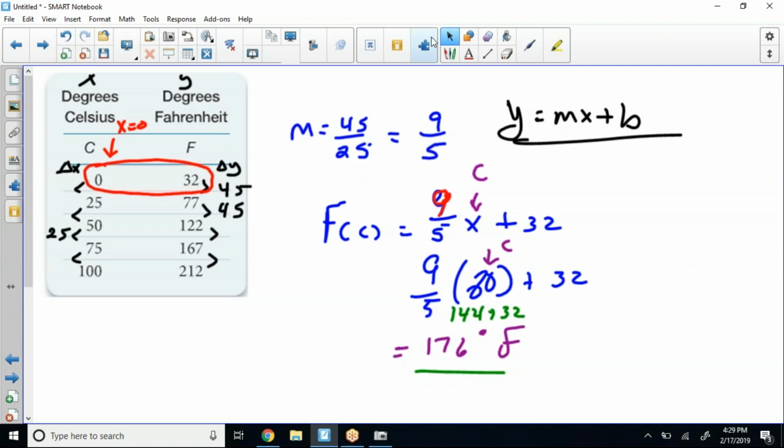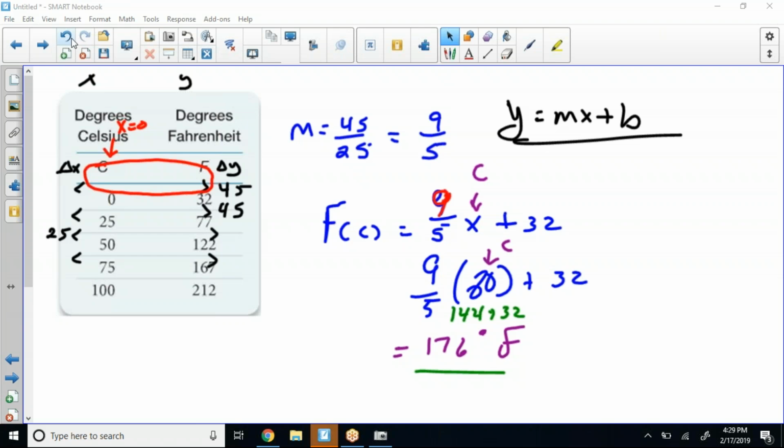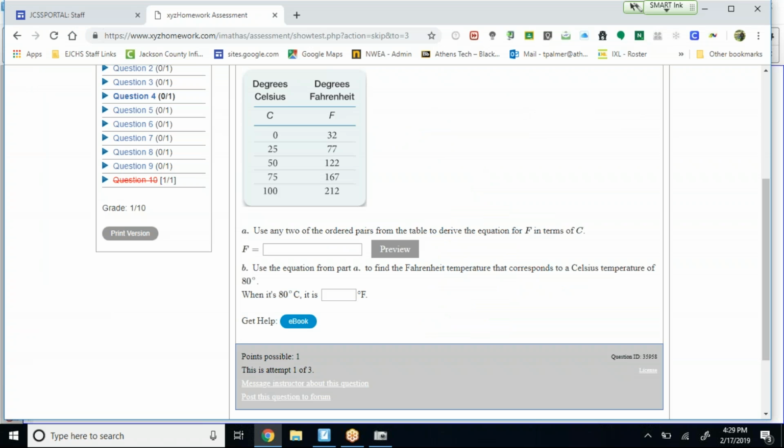Let me go back. On the equation part, I just put in 9/5 x plus 32, and it said it was wrong. Mine was 20 degrees Celsius, and it came out to 68 Fahrenheit, and that was right.